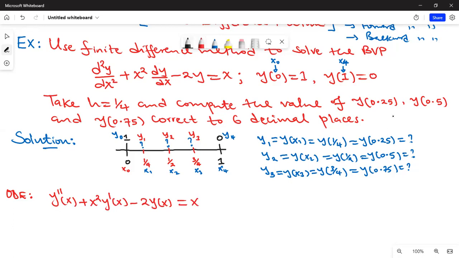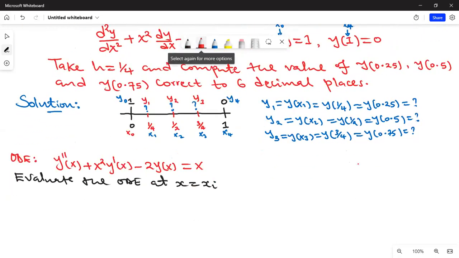The next step is to evaluate the ODE at x is equals to xi. So what you're going to get is this one.